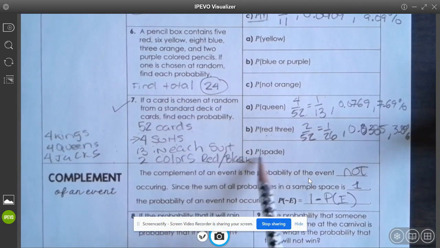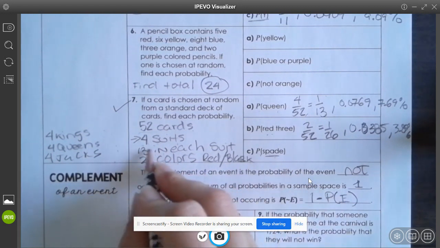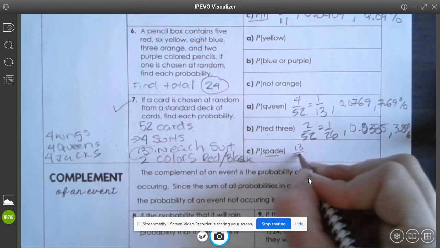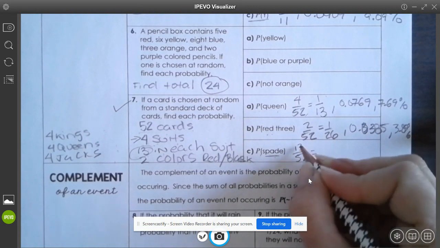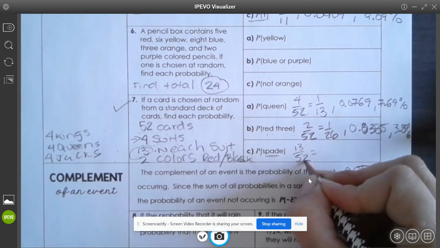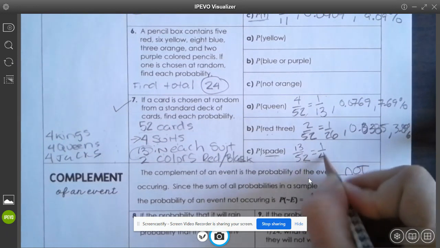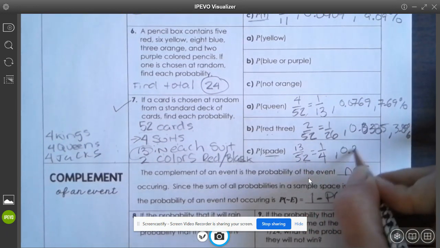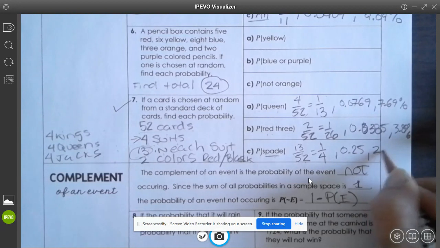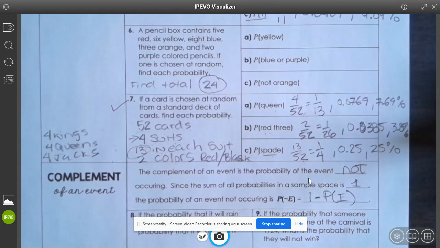What is the probability that I get a spade? Each suit has 13, so that's 13 divided by 52. And 13 goes into 52 4 times. So that's 1 over 4. 1 divided by 4 is 0.25, and that's 25%. That's all we're doing here, guys.